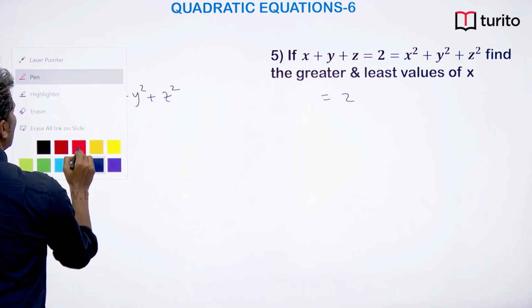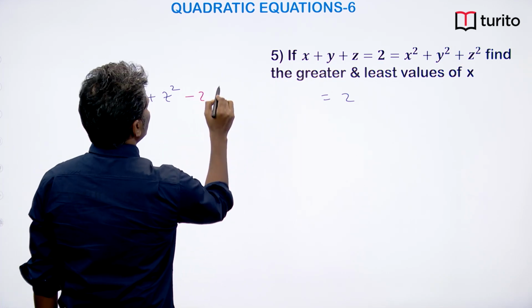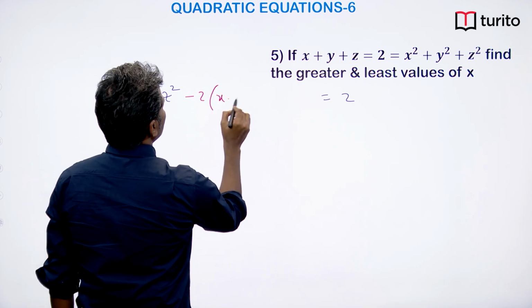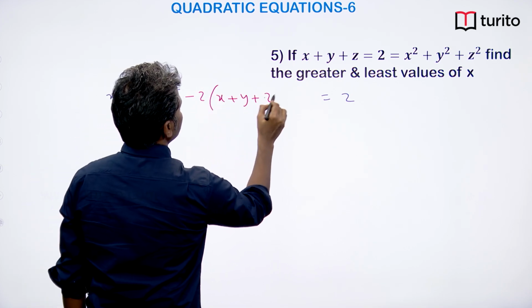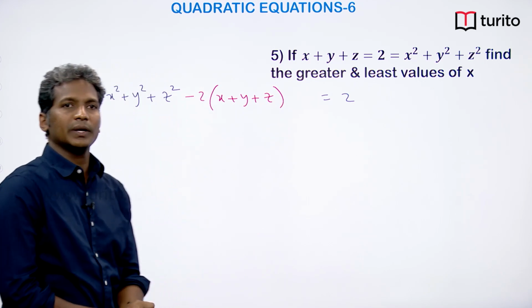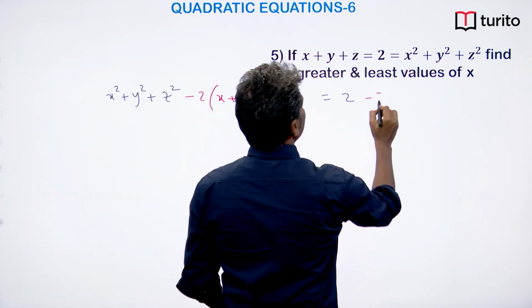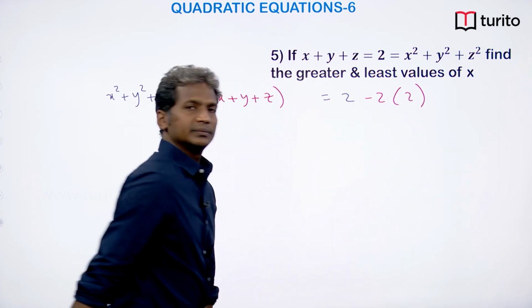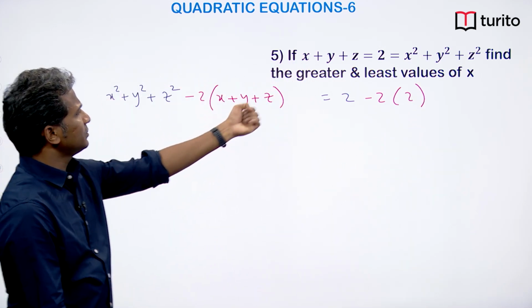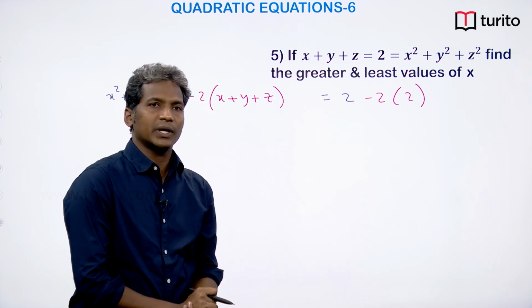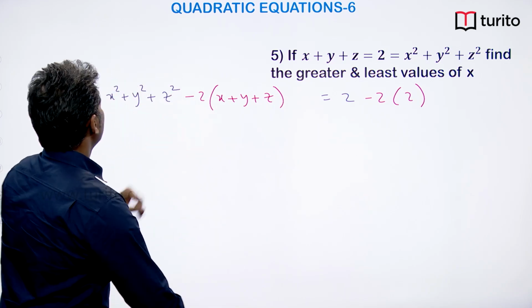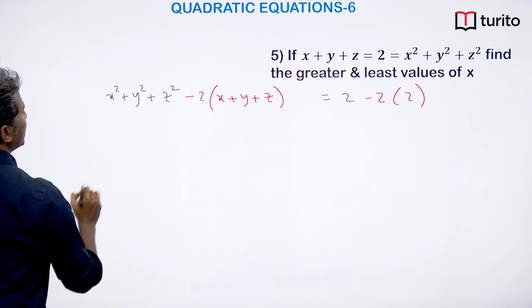And suppose let us say I put here minus 2 into x plus y plus z. Okay. So, this means I am actually subtracting 2 into 2 here, because the value of this term is 2 units. Okay. So, now if I simplify this, what am I getting?